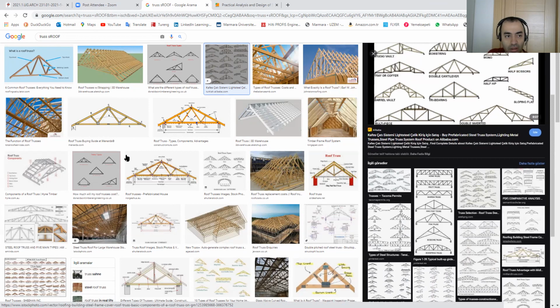If you Google truss roof system, you can see different types of truss systems here. Okay, let's go back to our page.